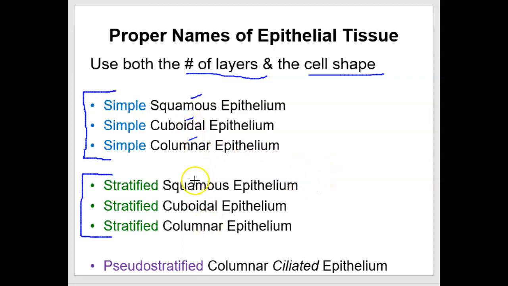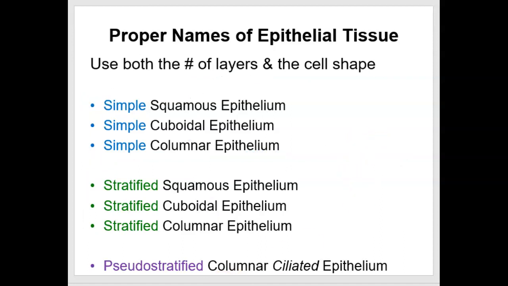In stratified, the same, squamous, cuboidal, columnar epithelium. And the way you would properly name them is to include both the number of layers, meaning simple or stratified, the shape of the cell, and then the last word, epithelium, or epithelial. It doesn't matter to me. One's an adjective, one's a noun.